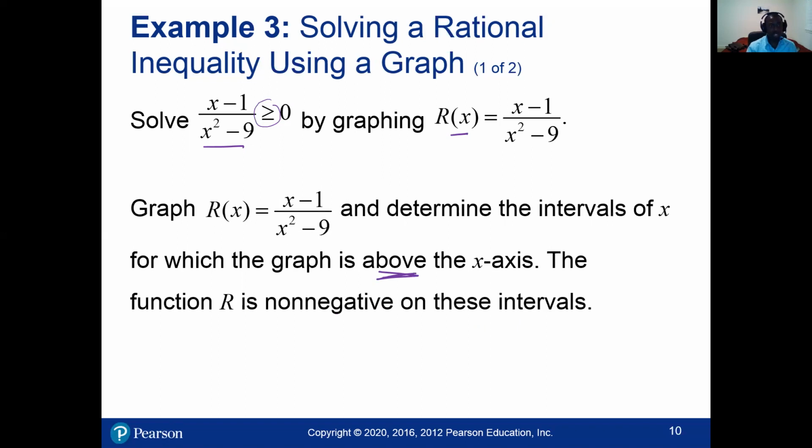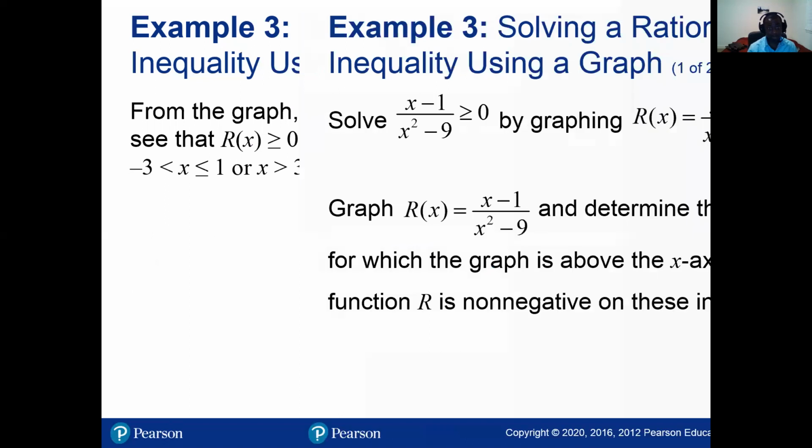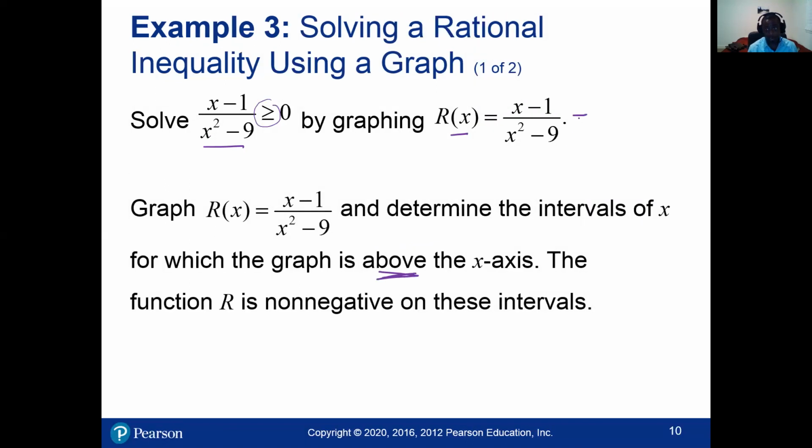All right, so let's go to the steps. We graph it. We know how to graph this, right? You have to factor this, which will be x plus 3 and x minus 3. We have to find the x-intercept, the y-intercept, and the asymptotes. The vertical asymptotes will be x equals negative 3 and x equals positive 3. But what's the horizontal asymptote?